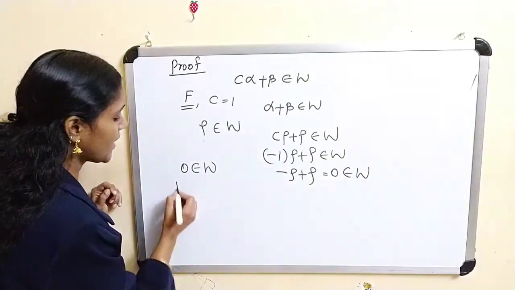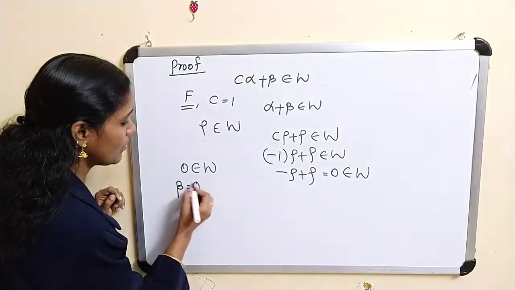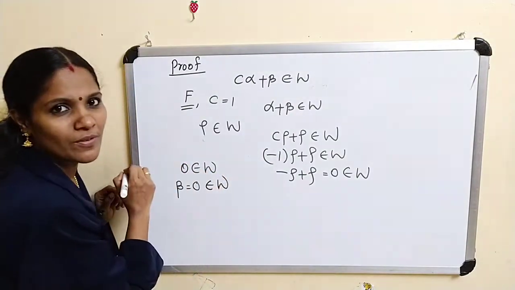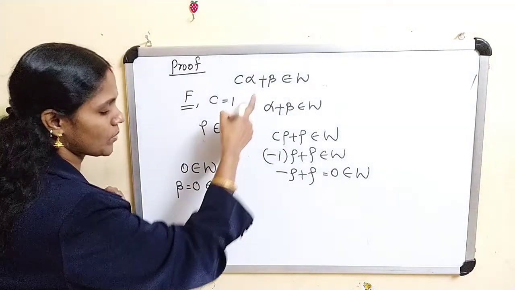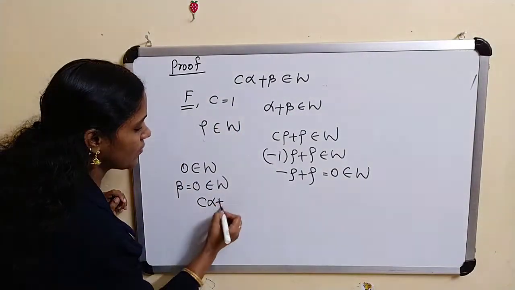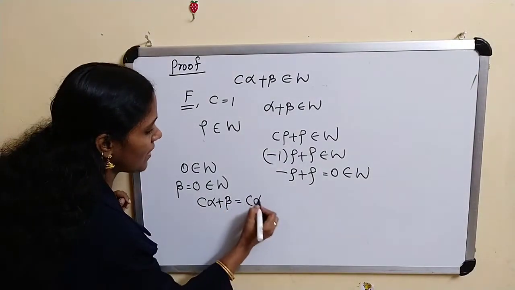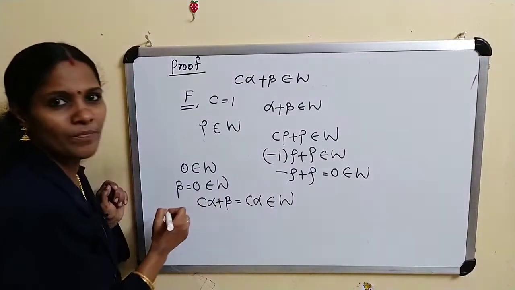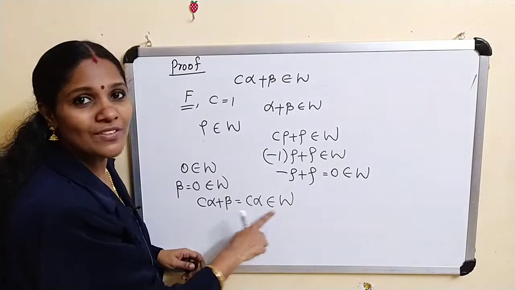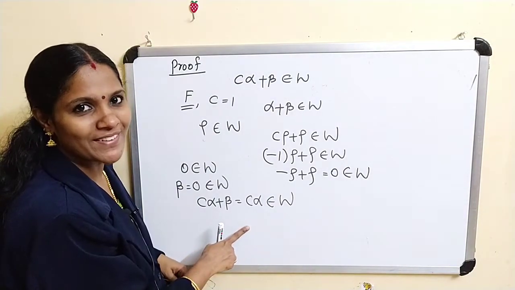Now if you take beta equal to 0, which belongs to W, then this expression becomes C alpha plus beta equal to C alpha. This belongs to W. Therefore W is closed under scalar multiplication.